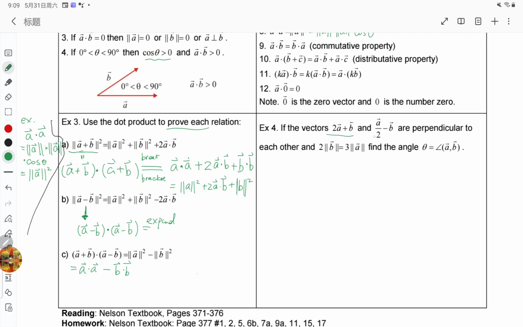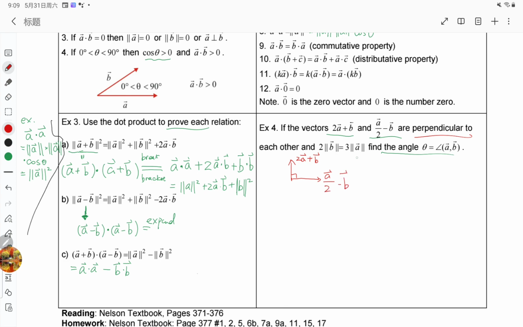If the vectors are perpendicular to each other, and you need to find the angle, we just use the perpendicular definition. Perpendicular just means orthogonal, or 90 degrees, right?